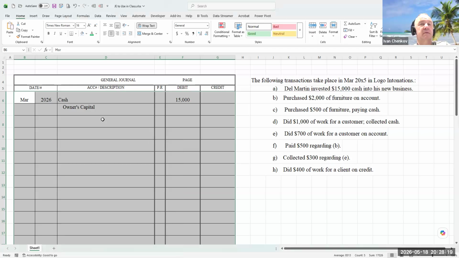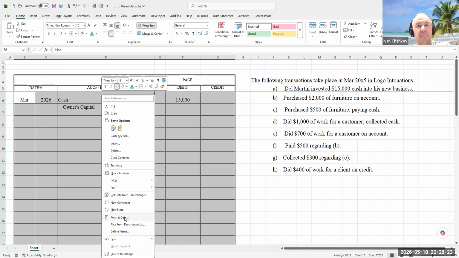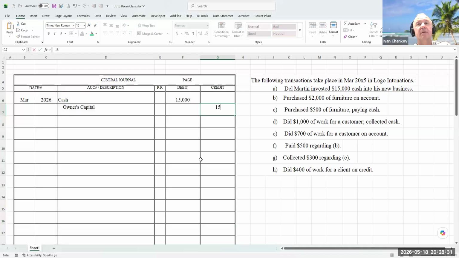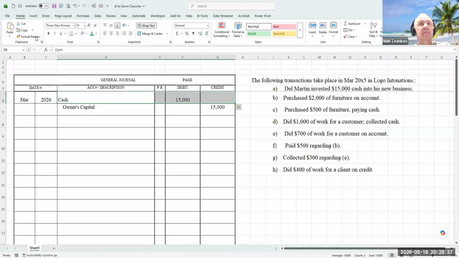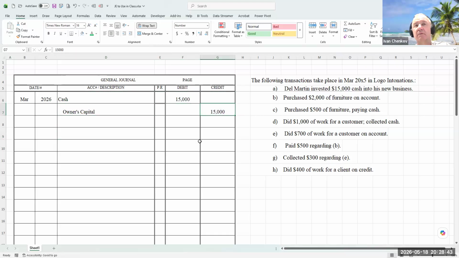It's going to be credit. Correct. And credit is going to be exactly the same amount, 15,000. And we're done. Correct? Debit is equal to credit. Asset is equal to equity.